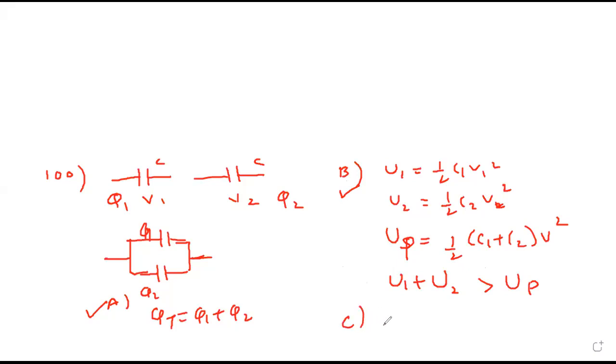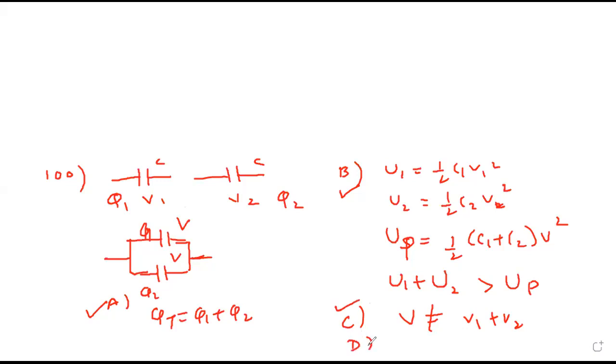C. Net potential across them is different from the sum of net potential across them. Suppose this is V, this is V. This is not equal to V1 plus V2. That means net potential across them is different from the sum is also correct.